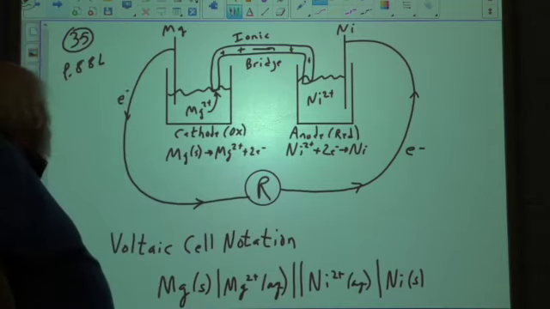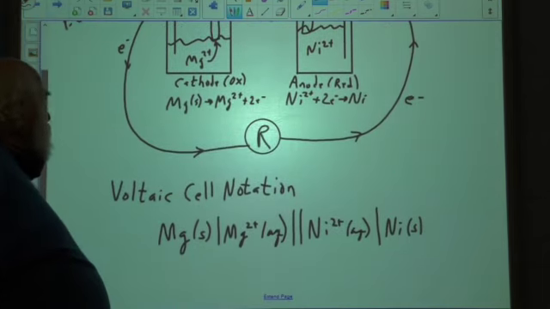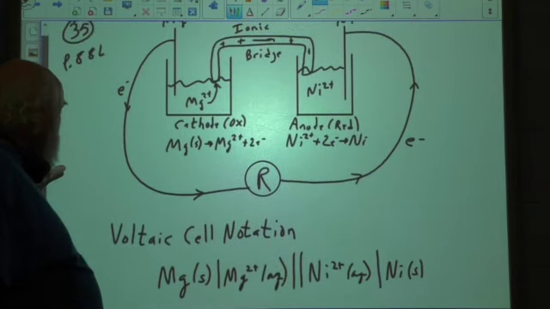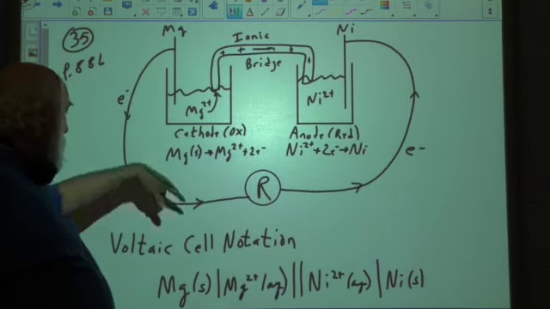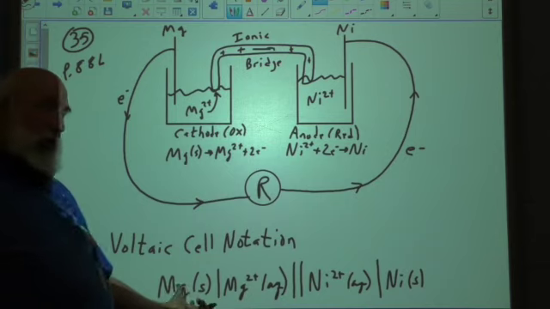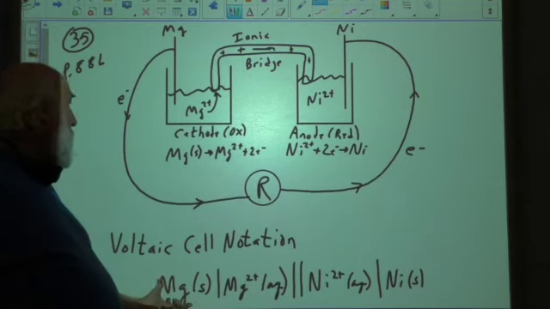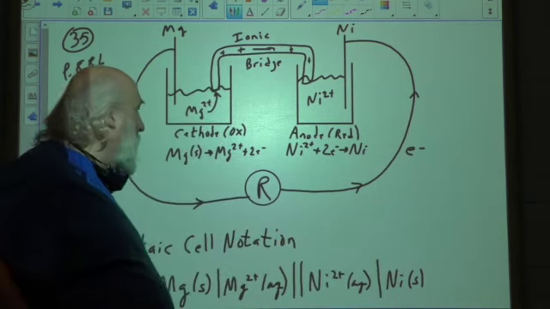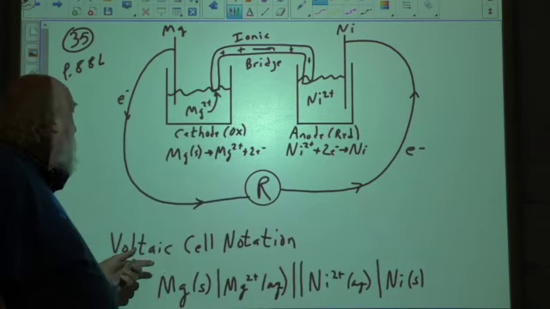Now, there's something called a Voltaic cell notation, which is a shorthand form describing what's going on. So as you see here, the magnesium is your electrode. That is, the electrode is mentioned first for the cathode and last for the anode, because that's the end particle.